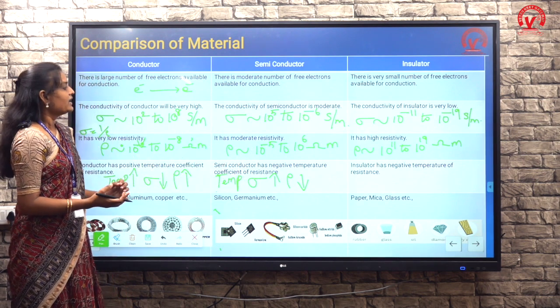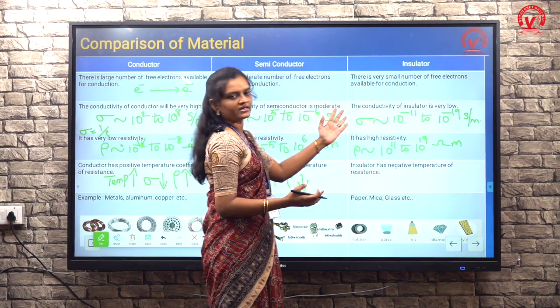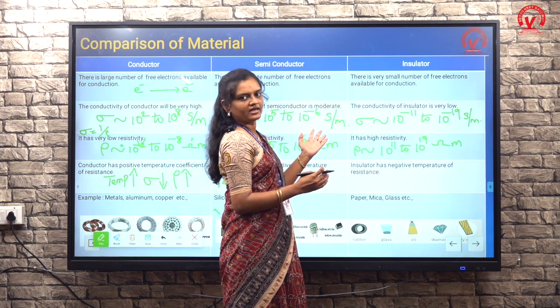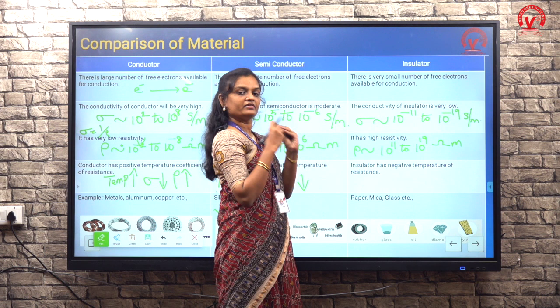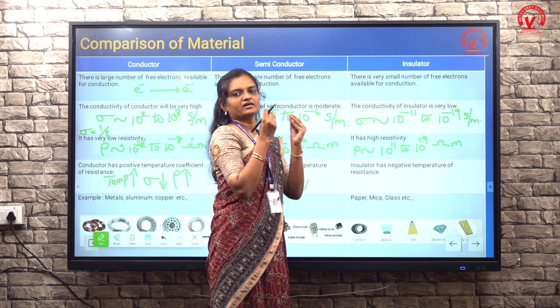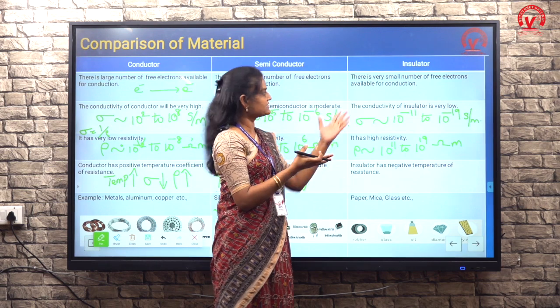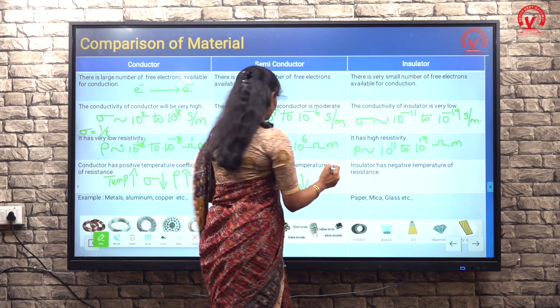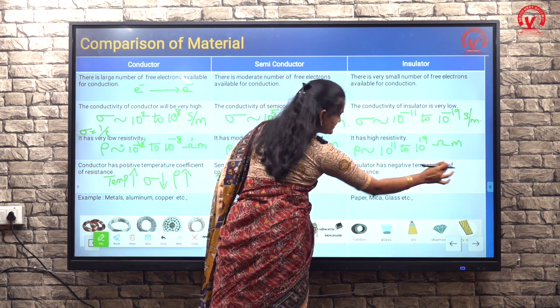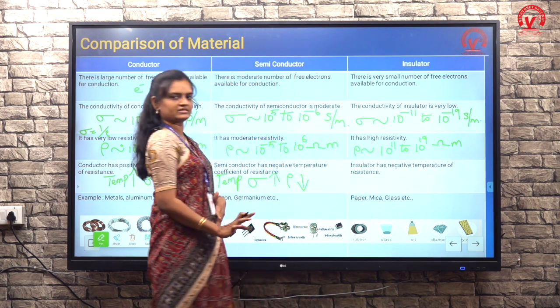Okay, and this is an insulator. The insulator may become a conductor or it may not, when we give a very large amount of energy to the insulating material. Here also, the insulator has a negative temperature coefficient of resistance.